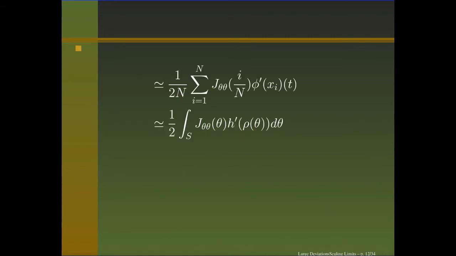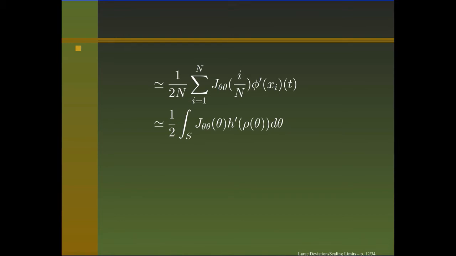Then you have to know that if the exercise on the average is rho, that's what's meant by the macroscopic state being rho locally near theta, then the expected value of phi prime being lambda, then lambda as a function of theta is given by h prime of rho theta.